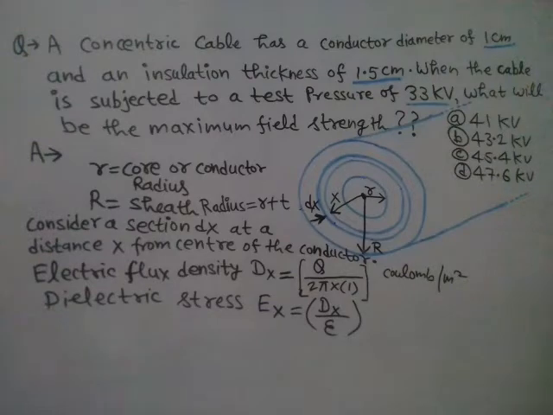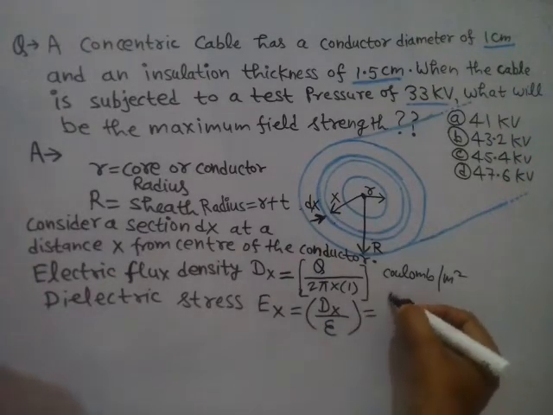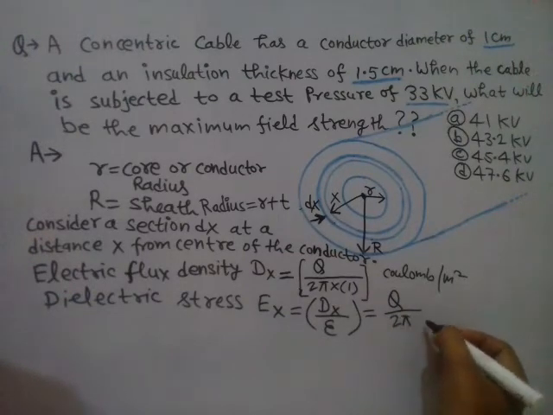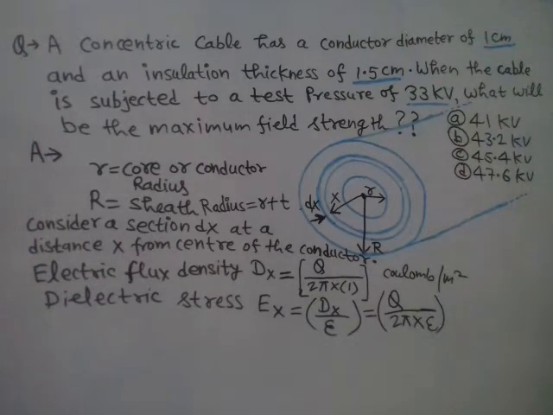Epsilon naught is the permittivity of the free space and epsilon r is the relative permittivity of the dielectric. So this is the expression Q divided by 2 pi x into epsilon, that is the dielectric stress.